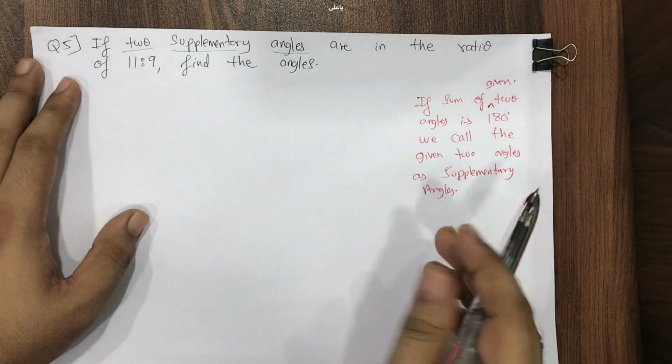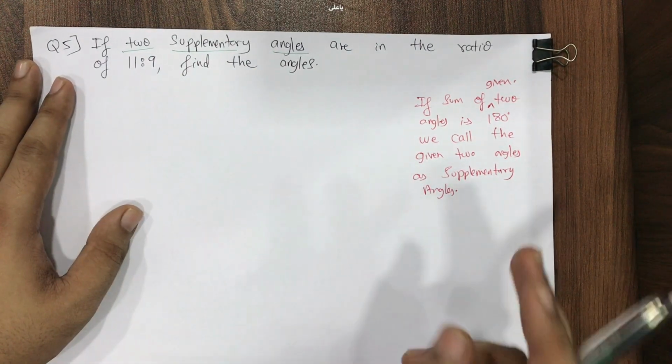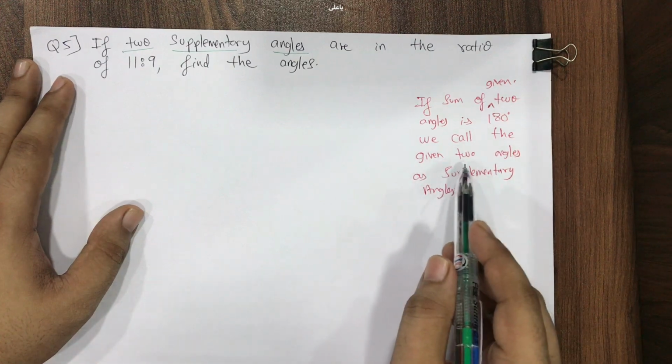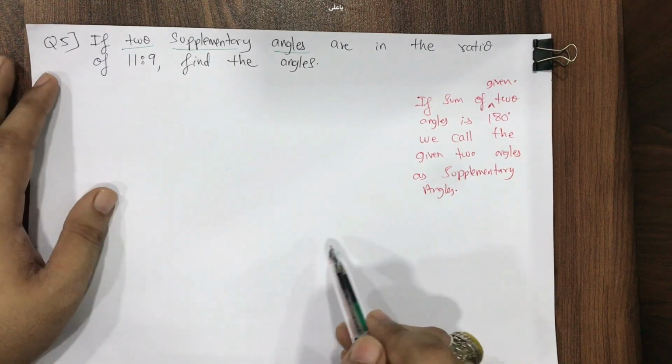So whenever we speak about a pair of angles, two angles, and if their sum is 180 degrees, we call the given two angles supplementary angles.